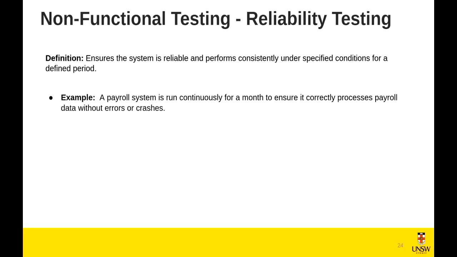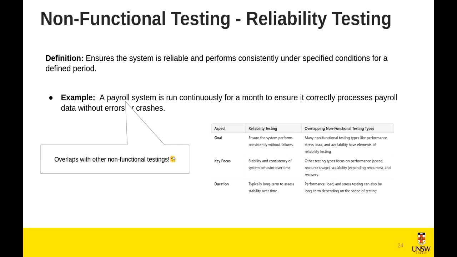An example is a payroll system that runs continuously, maybe for a month. We observe during this month and see if it can correctly do its job. So this is reliability testing. And this actually overlaps with other non-functional testing, because the definition of reliability deals with performance, availability, usability, and so on.